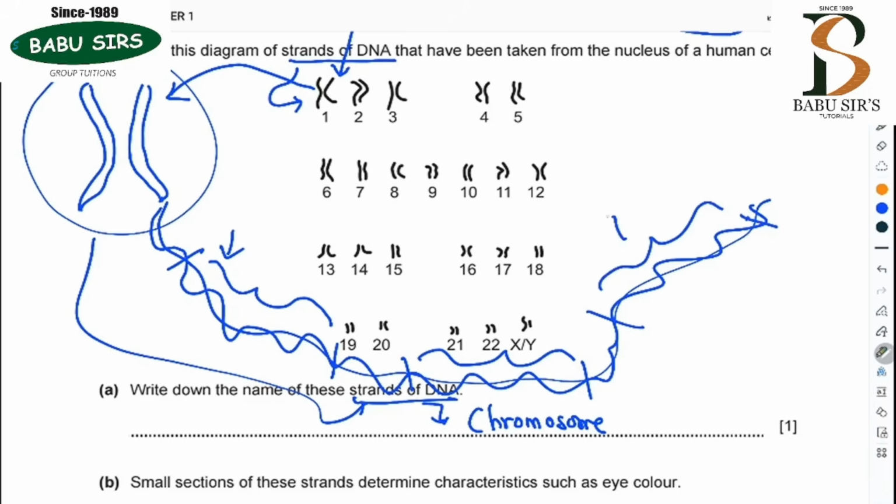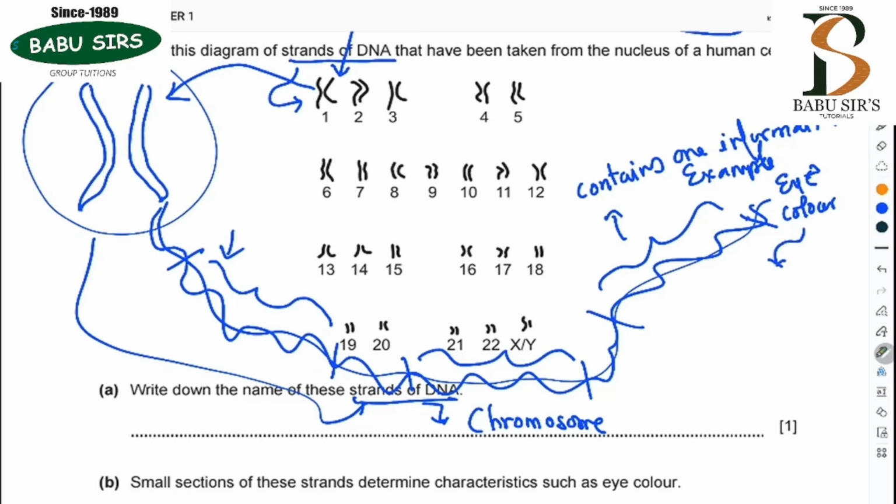Now these smaller sections contain one piece of information, for example, eye color. And the strand which has one piece of information is called one gene.